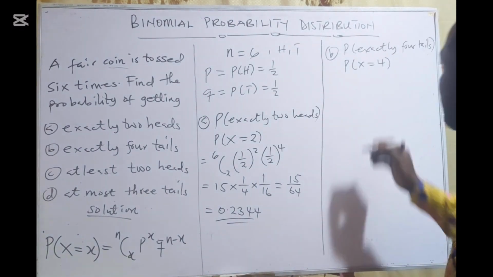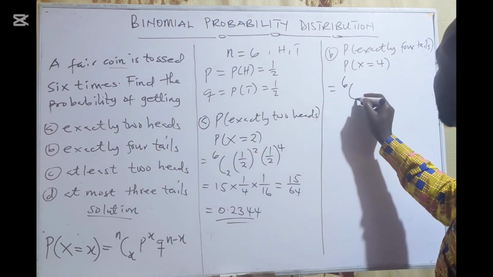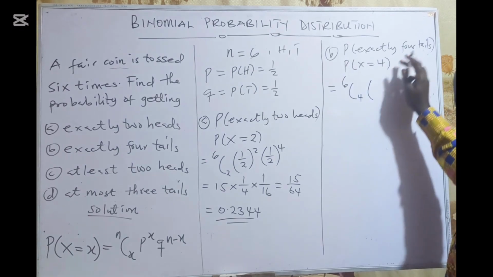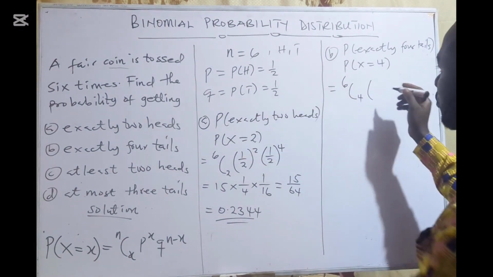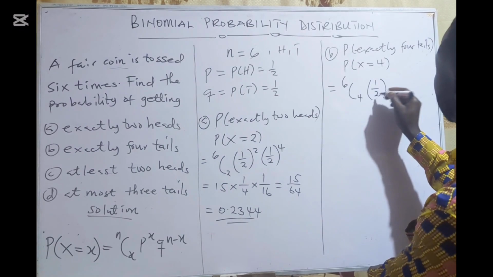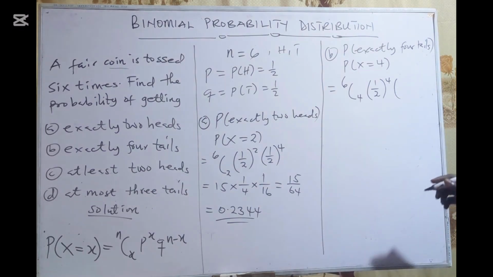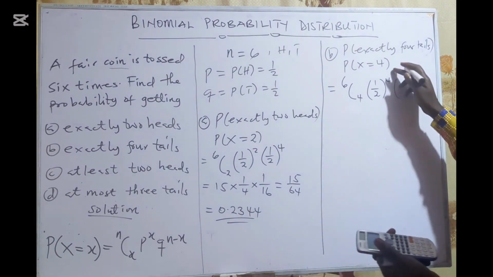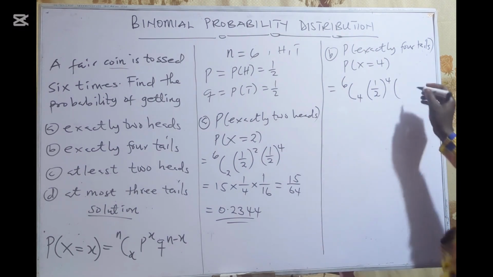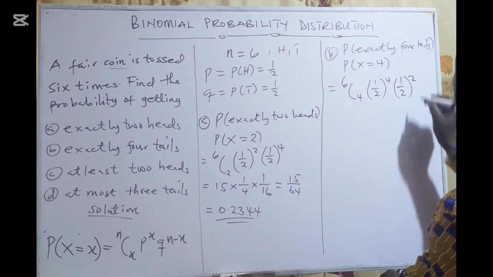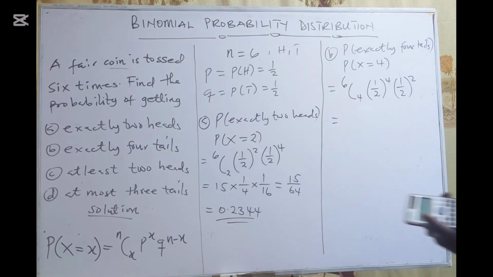If that is the case, I have 6 combination 4. And what is the tail? The tail is also 1/2. So 1/2 exponent 4, because the tail will show 4, exactly 4 tails. And then if the tail is showing 4, then the rest will be the head. And the head will show 2. So this is what I'm going to have.